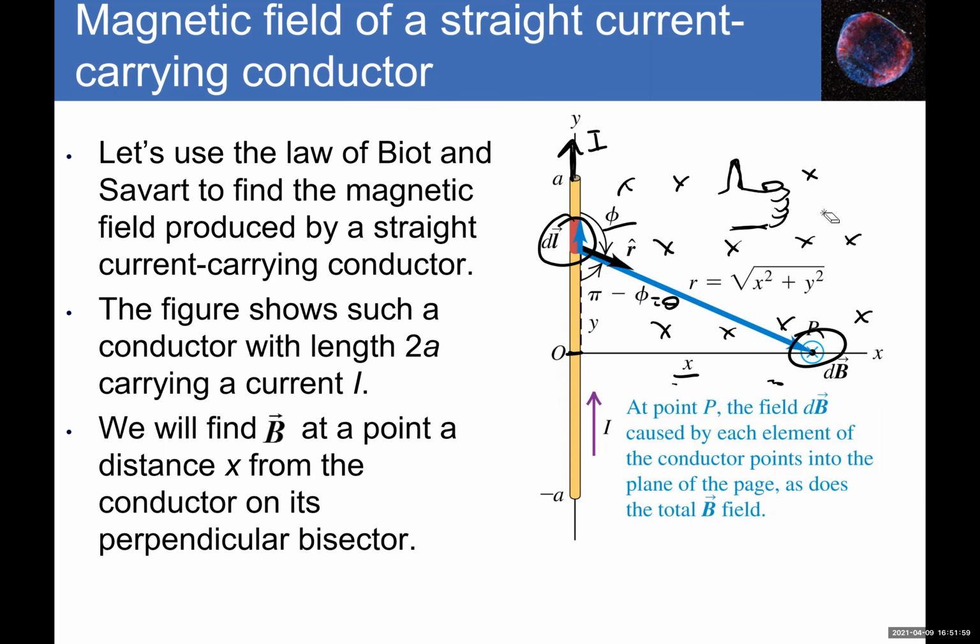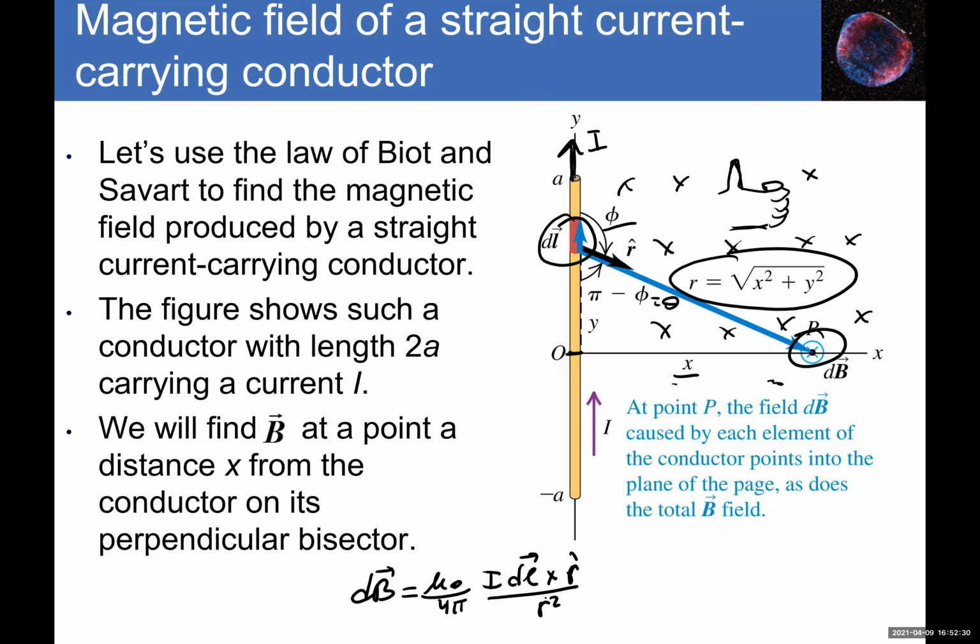Now, if I'm choosing that particular element, dl, then I can see this is my r, which is the distance from there. So I can find that expression. dB equals the general equation, mu naught over 4 pi, I dl cross r hat over r squared.